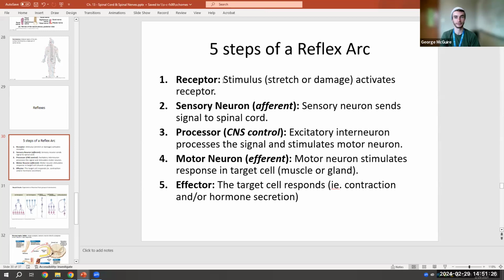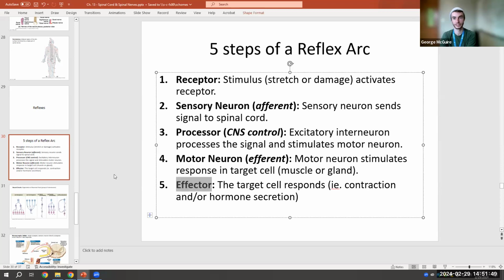We received the sensation and sent it to the spinal cord. This processor transmits the response that should be sent to the motor neuron, and the motor neuron is the efferent signal, the response, which tells our target cell how to respond, whether that's a muscle or a gland telling it to secrete a hormone.